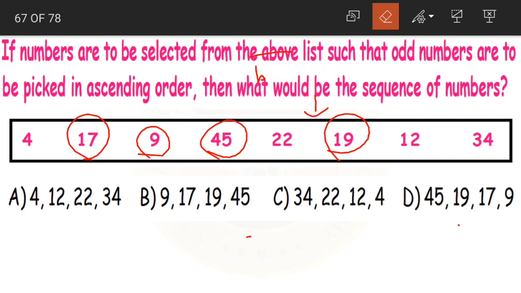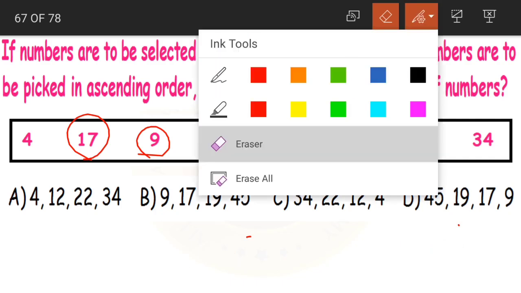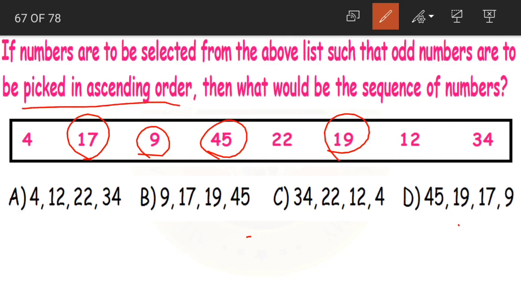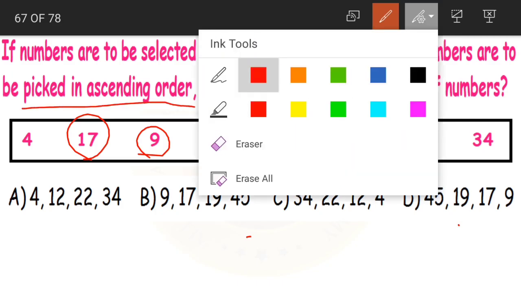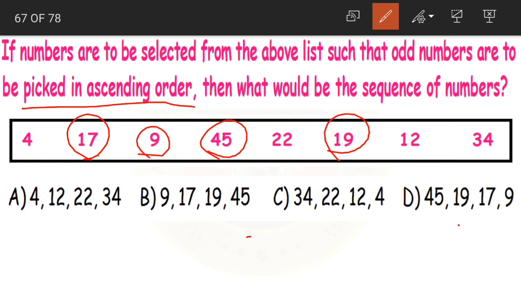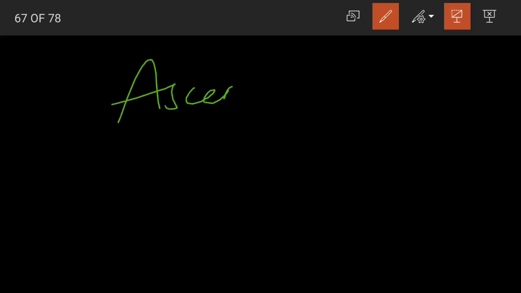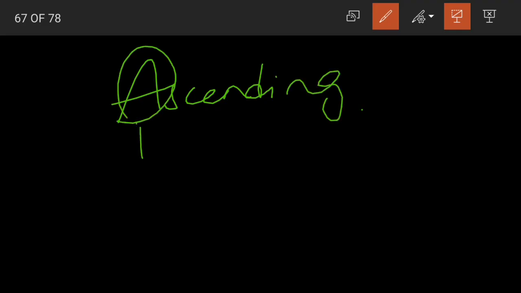Now what to do with these odd numbers? We should pick them in ascending order. That means now these 4 numbers should be arranged in ascending order. If you remember ascending order, children, what did I say? Ascending means A is the smallest alphabet.